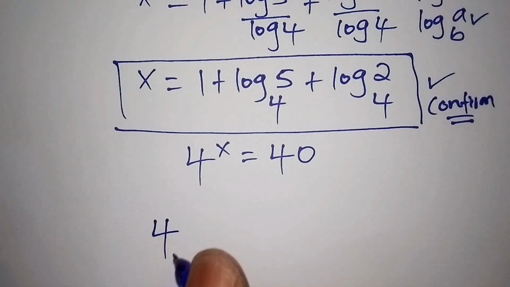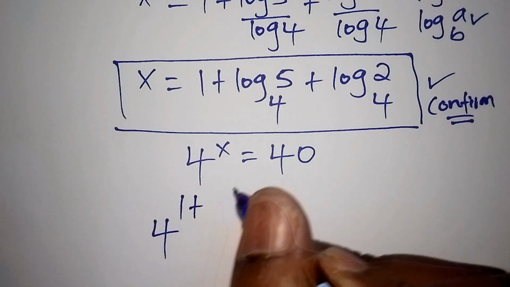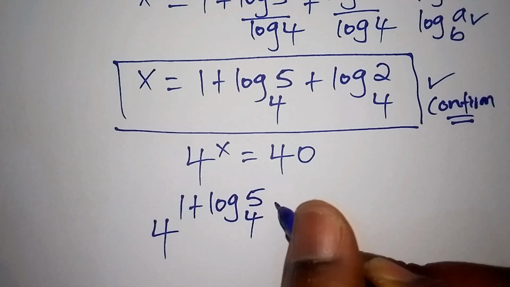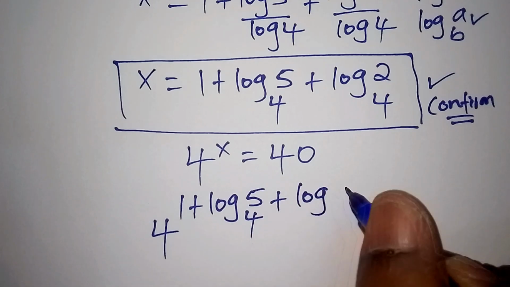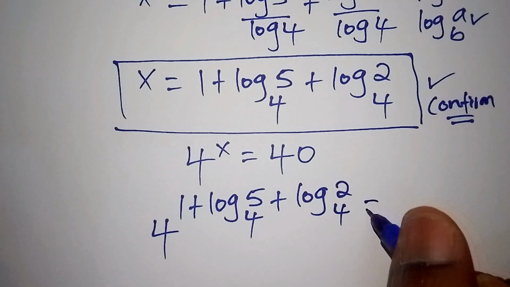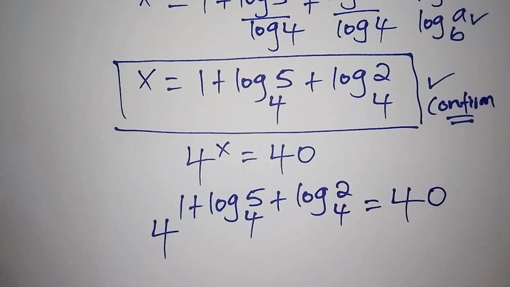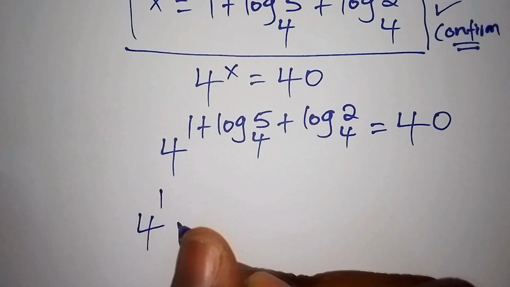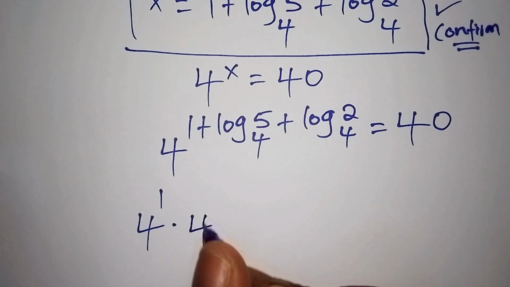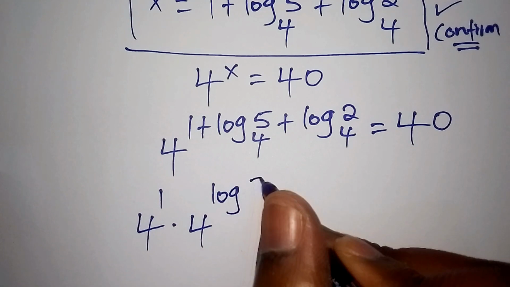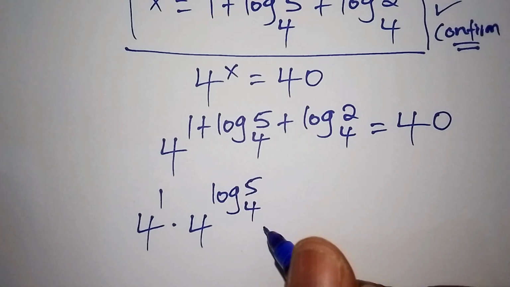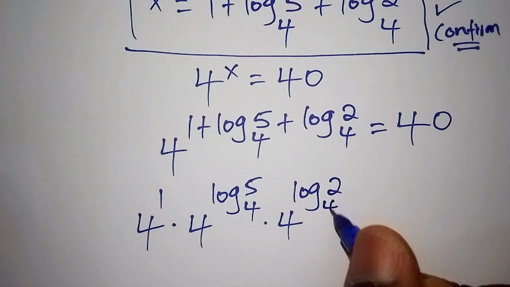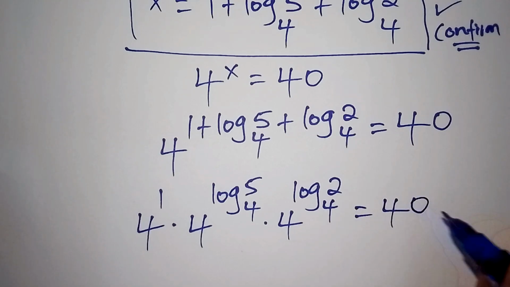So we shall have 4 to the power of 1 plus the log of 5 to the base of 4, plus the log of 2 to the base of 4 is equal to 40. So this can also be written as 4 to the power of 1, then plus changes to multiplication, 4 to the log of 5 to the base of 4, multiplied by 4 to the log of 2 to the base of 4 is equal to 40.